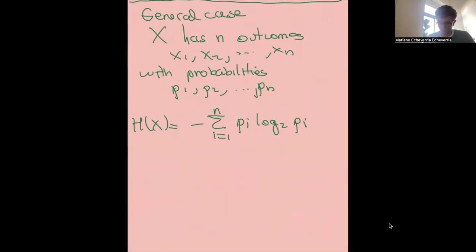Maybe I should say this first: you can think of this as a function of P1, P2, up to Pn. So think about it as a function in multivariable calculus. This is why multivariable calculus was a prerequisite in this class. So this is a multivariable function of P1, P2 up to Pn.